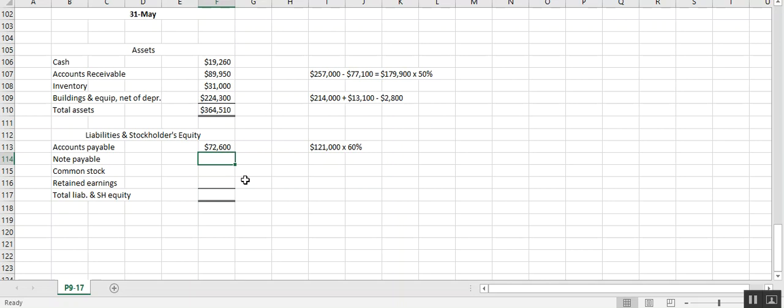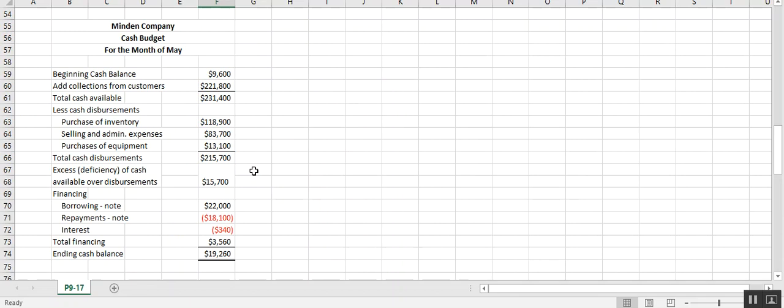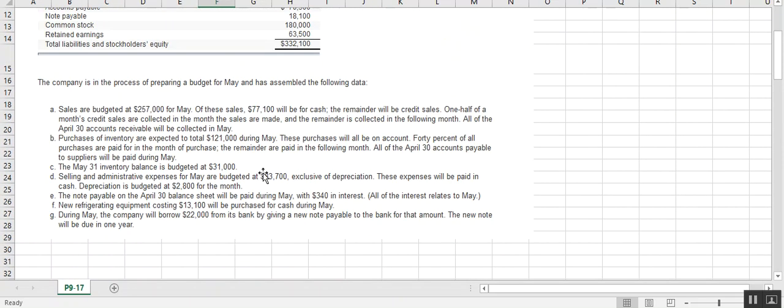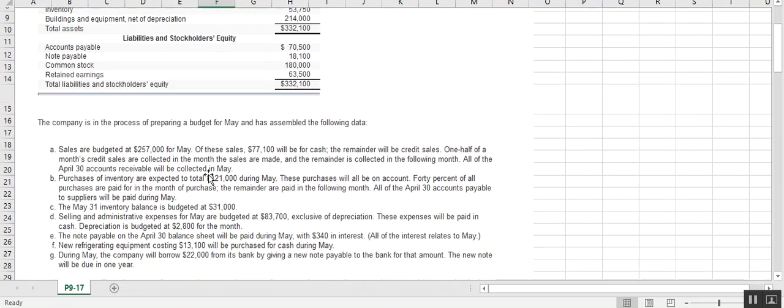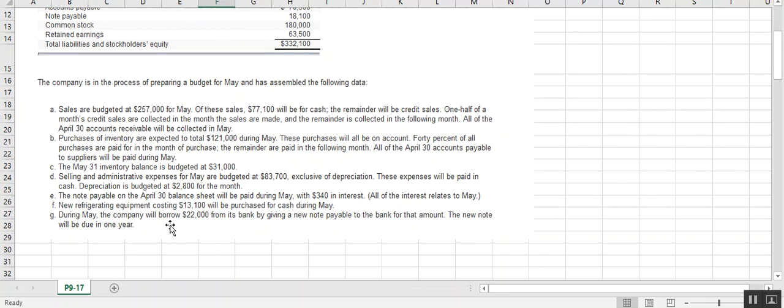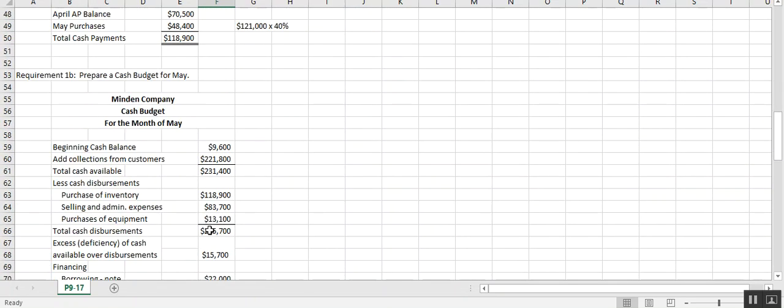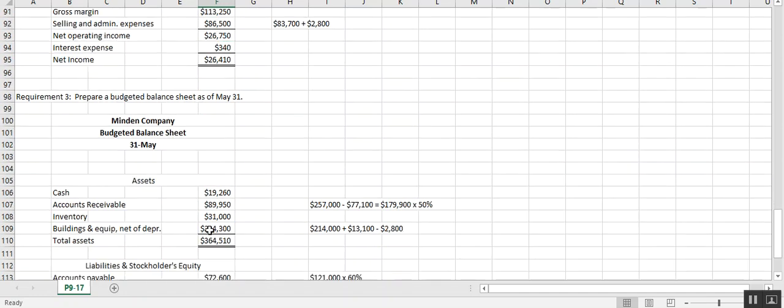And let's see, then we had a note payable, and that was given in the instructions. We actually had two. We had one on our balance sheet, but we paid that one off. But then we received another note payable of $22,000, so that's the only one that's outstanding at this point. So we're going to put that down here.